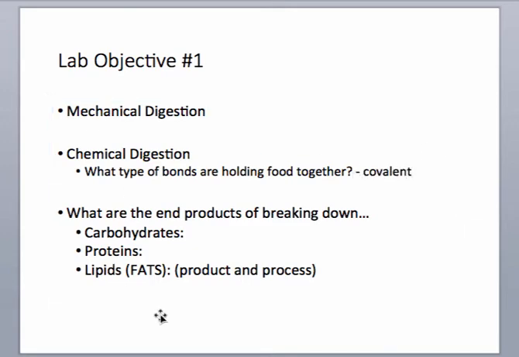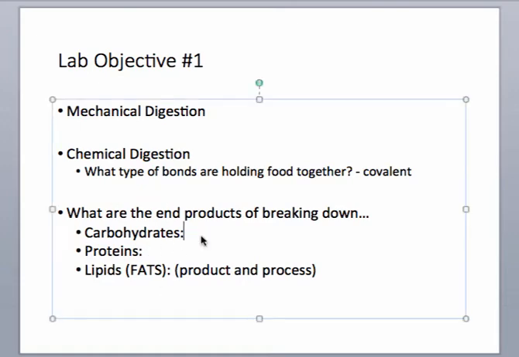And then in terms of the end products of breaking down these different types of substances, what are the end products of carbohydrates? Those are monosaccharides, primarily glucose.